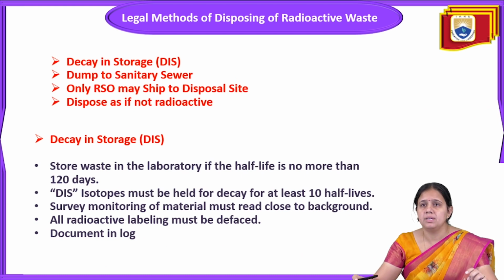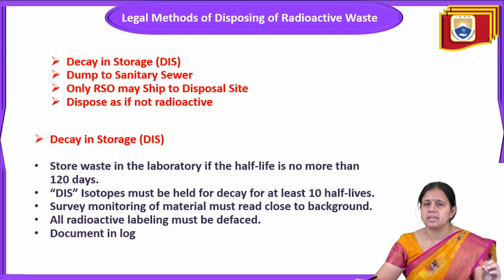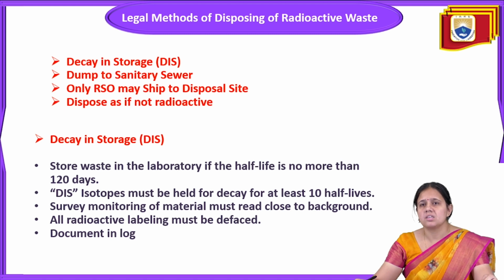Next are the legal methods of disposing of radioactive waste. These depend upon DIS, decay in storage, dumping to the sanitary sewer, or shipping to a disposal site, which only the RSO may do. If the waste is not radioactive, then you can dispose of it as such.